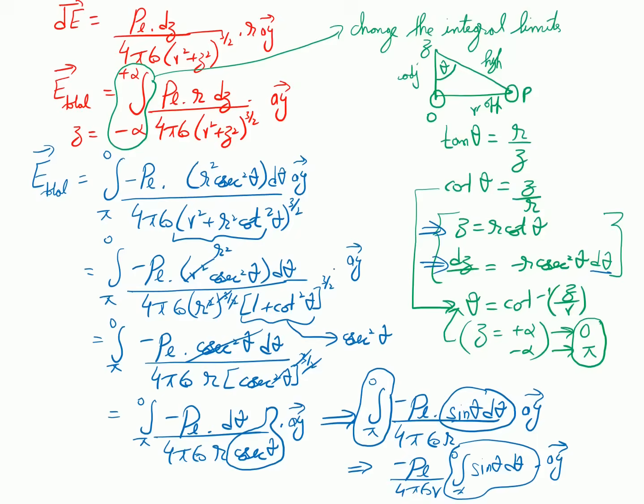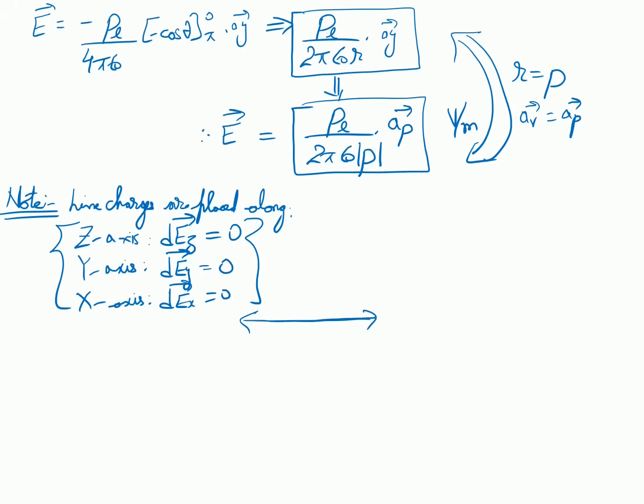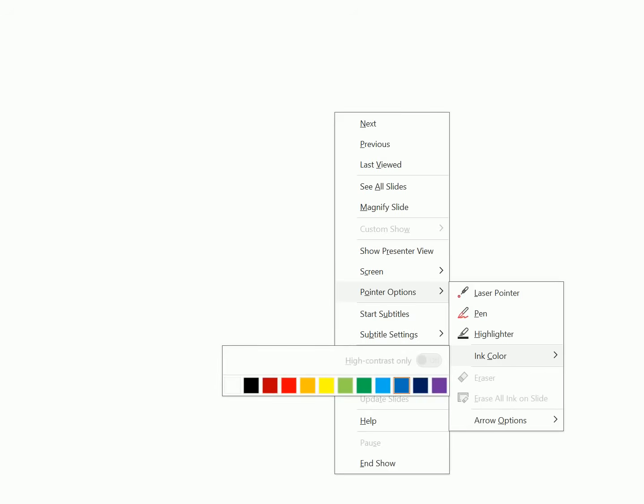So now let's talk about what happens if we offset the line. Rather than having the line at the center along the origin, we offset it. We want to find the electric field for an off-axis line charge.